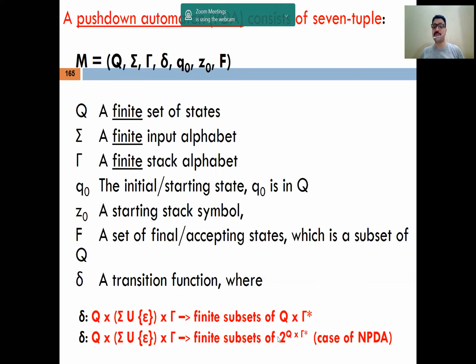This is the subset of Q into tau star, means any combination of state and stack alphabet. So just similar to the NFA property, we can also represent non-deterministic PDA problems. So this is the simple representation. Other tuples will be the same, only the difference is in this transition function in case of non-deterministic PDA.